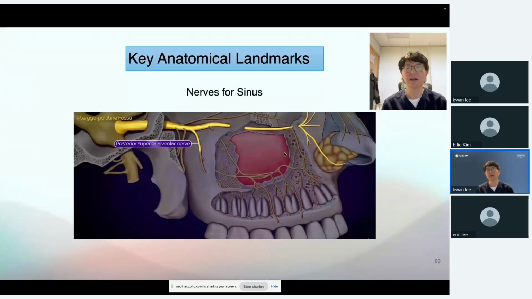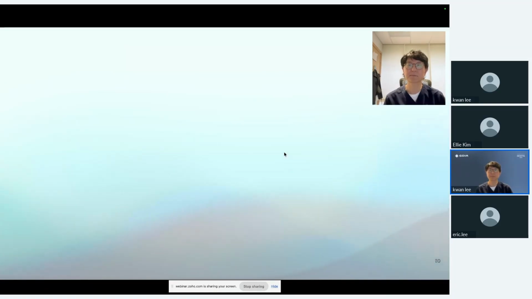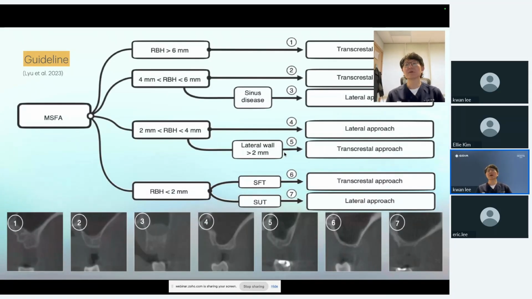For instance, we're going to cover details about sinus landmarks and anatomy. Of course, if you're going to fight, you need to know your enemy first. So the sinus, the membrane, the anatomy, we will cover in depth. And also, in my course, I'm not blindly saying this is only my way or the wrong way.